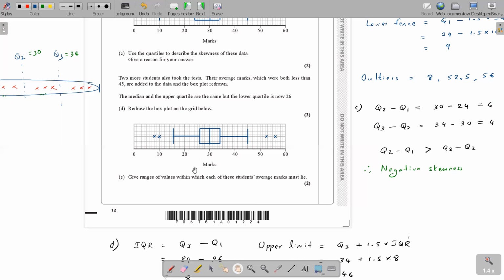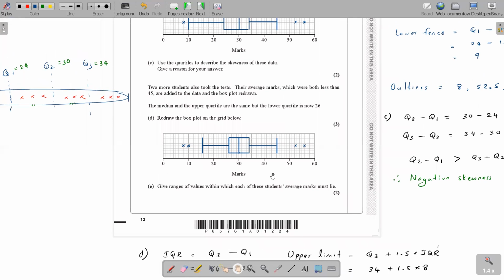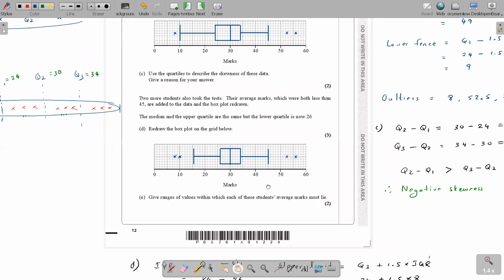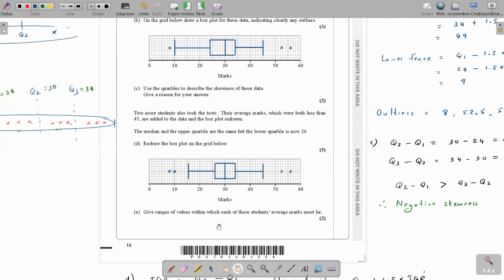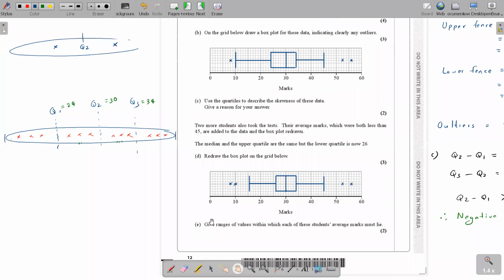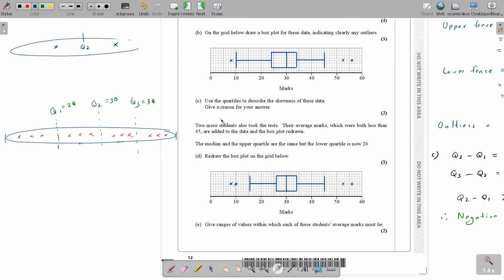Okay. So part E, now they are asking to give ranges of values within which each of these students' average marks must lie. So coming back to the sum, children, what did we do? I was partly explaining this in the earlier one. They are saying two more students also took this test. So earlier we had a group of students and we had a mean, median, Q1, Q2, Q3. This was calculated for the earlier one.